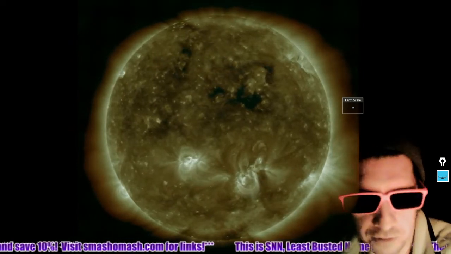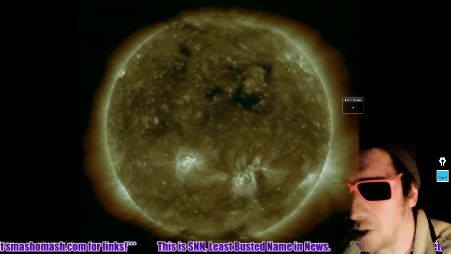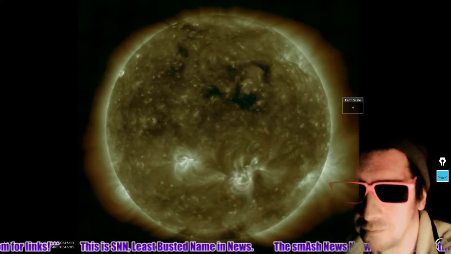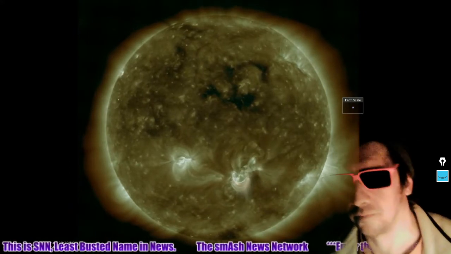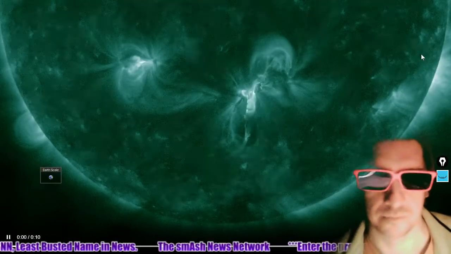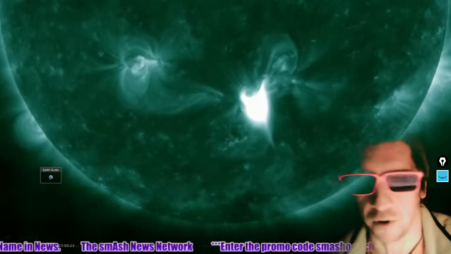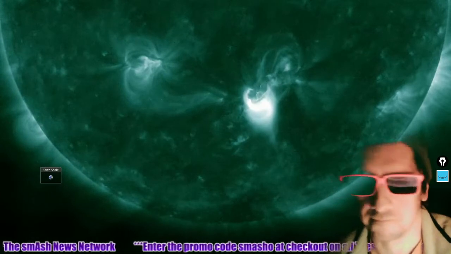Here's another composite view. It's 94 and 193 angstroms. And the coronal holes in the north have actually grown there. This is actually a view from last night. This is 94 angstroms. A great view of that solar flare.